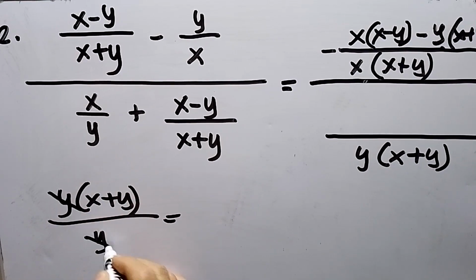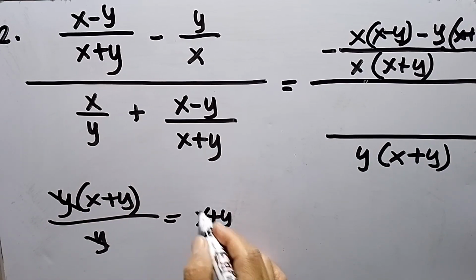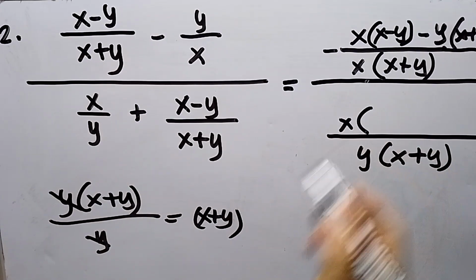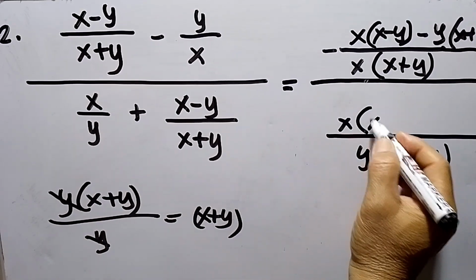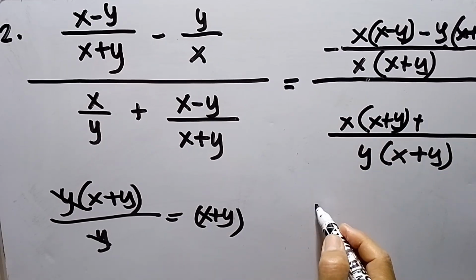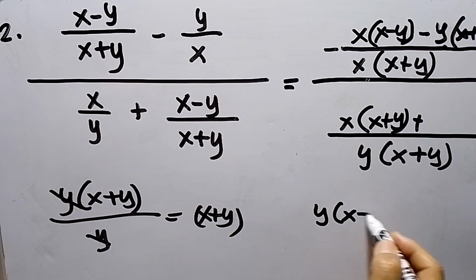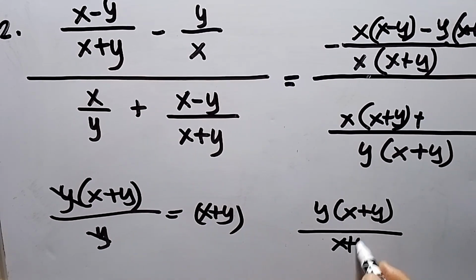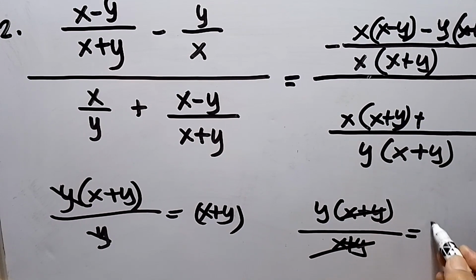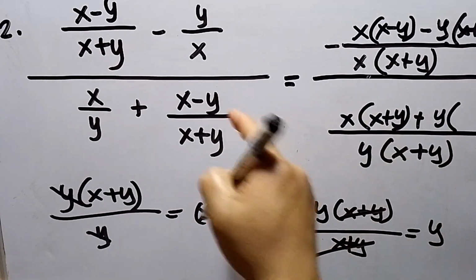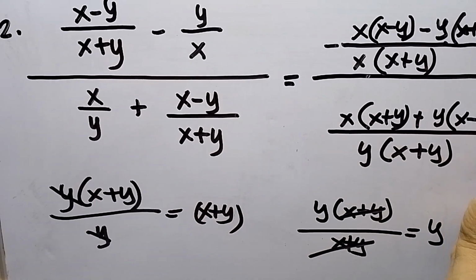So y will be crossed out, so I have here the numerator x, round brackets, x plus y, then plus the LCD, y times x plus y, divided by the second denominator, which is x plus y. This will be crossed out, so I have here y, then times the numerator, which is x minus y.